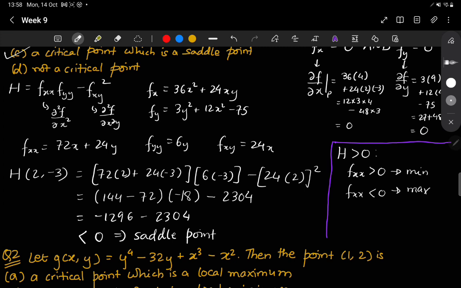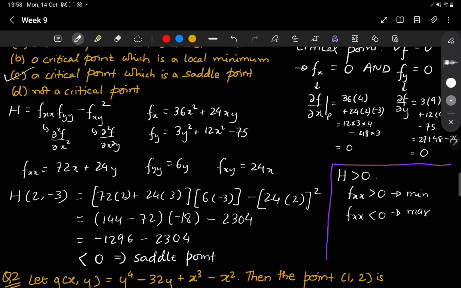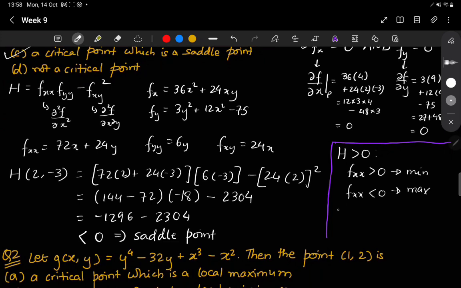It is kind of analogous to one variable. So in one variable, what we have is that the first derivative needs to be 0. This is the first derivative for it to be a critical point, and the second derivative, if that is positive, then it is a minima. If the second derivative is negative, it is a maxima. Here, in addition to that, we have this saddle point.